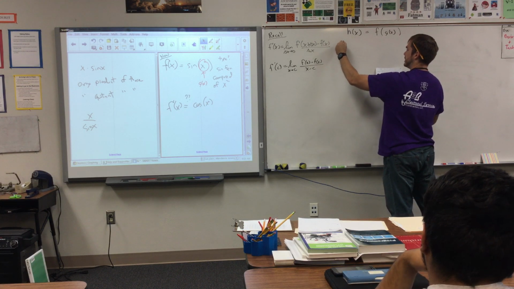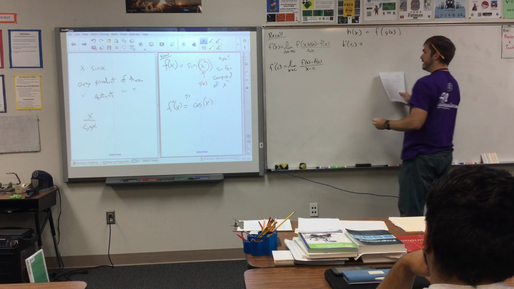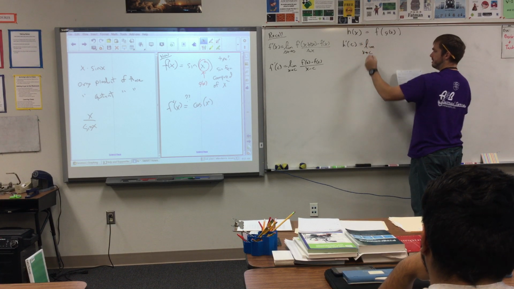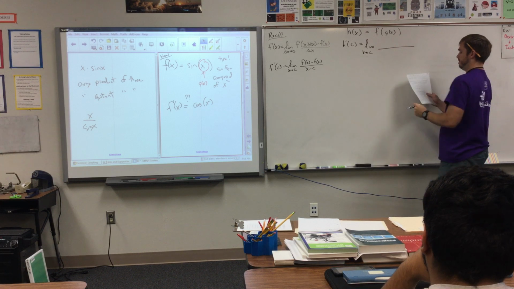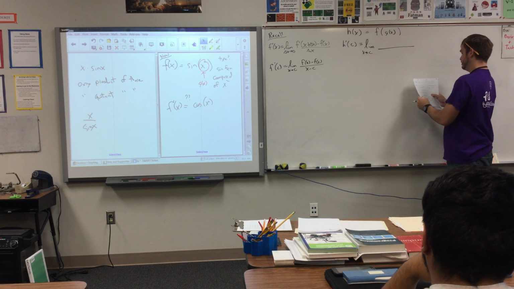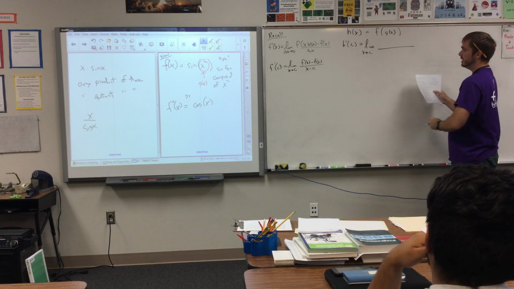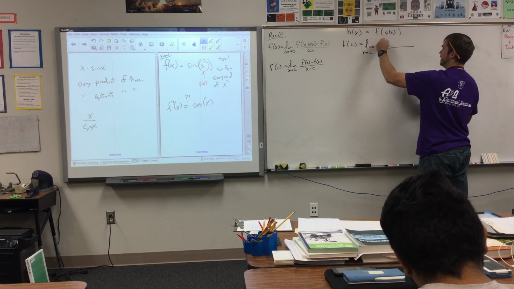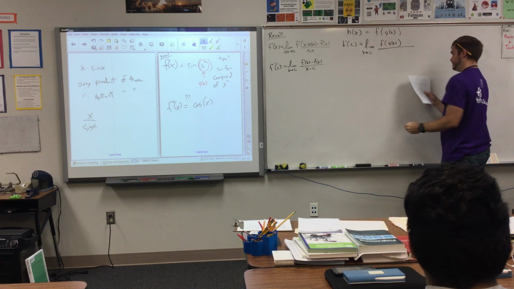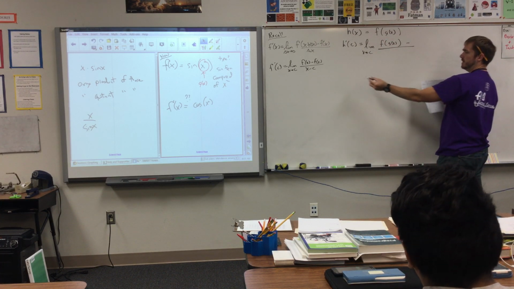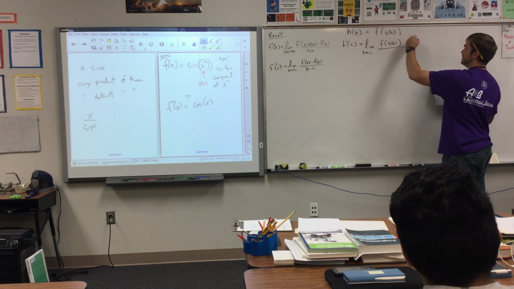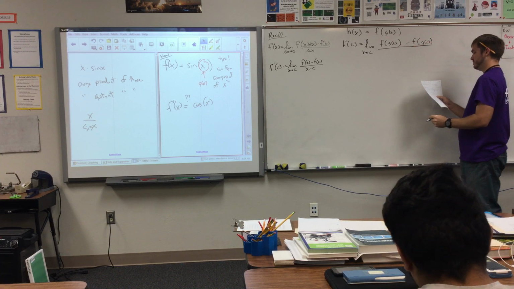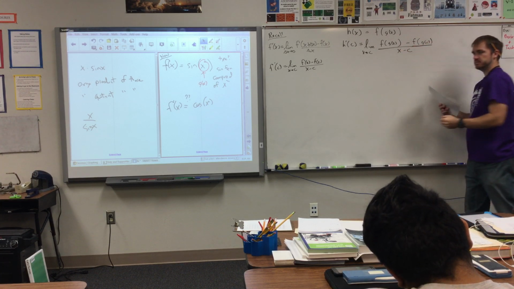And I'm going to now apply this formula right here in terms of finding the derivative up here. So here we go. I'll say h prime evaluated at c is equal to the limit as x approaches c of, I'm going to try to follow this pattern, f of x, which is going to be f composed of g of x, minus f of c, so it's going to be f of g of c, all over x minus c.